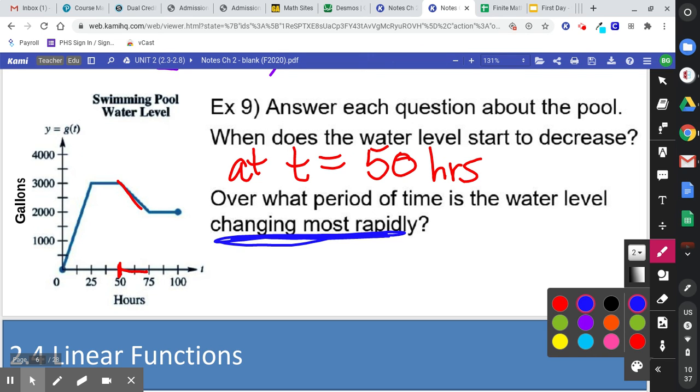Can you tell where it's changing most rapidly? Ooh, is it slope? Very good. Slope. What about the slope would tell you if it's changing more rapidly or not? Steeper. That's a great word right there. Steeper. So can you tell where this is the steepest? Looks like right here to me. Over what period of time, over what interval, that means look at the x. It looks like from 0 to 25 hours. Very good.